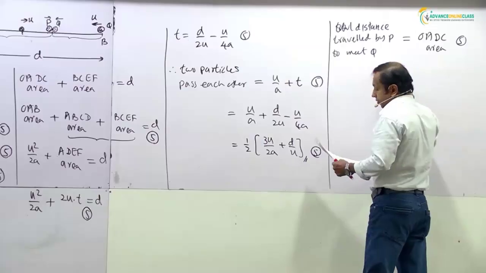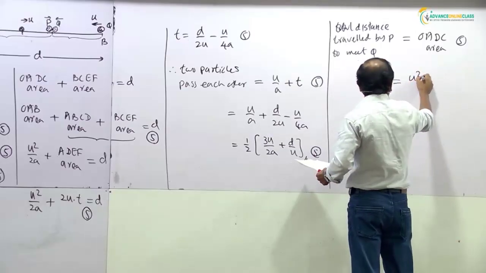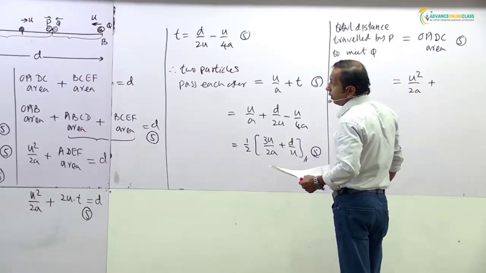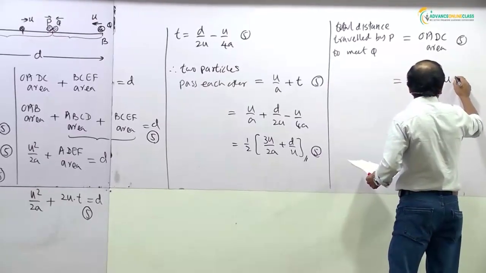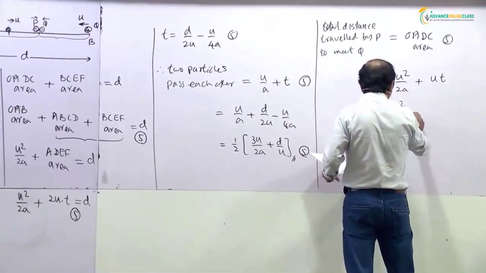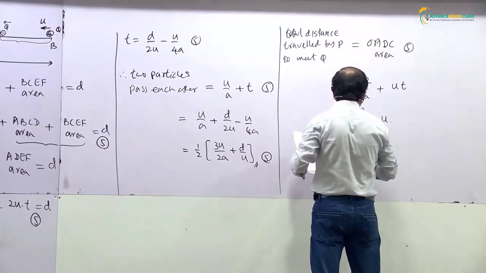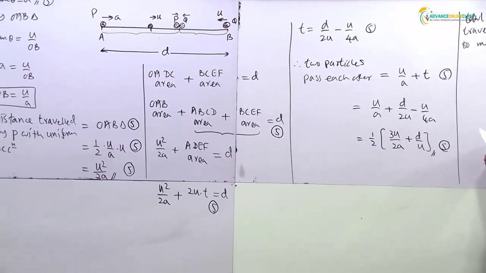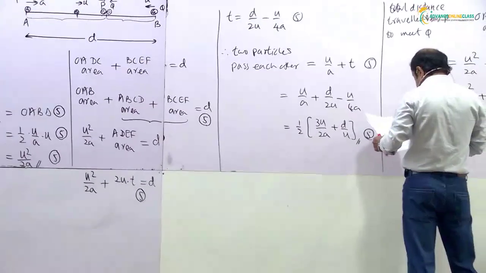Now we'll write OADC area. It's a trapezium, or else we can take OAB area, u squared over 2a, and ADCB area, u into t. T, the time, this: D over 2u minus u over 4a.